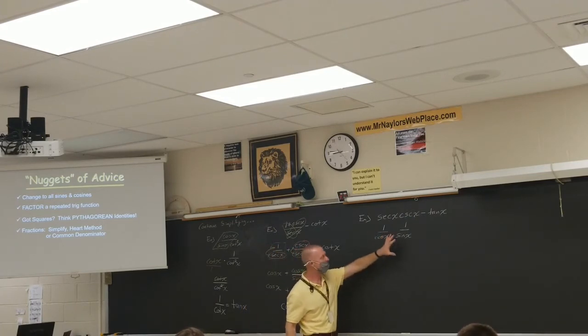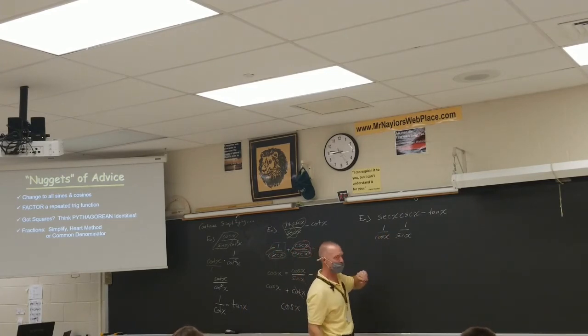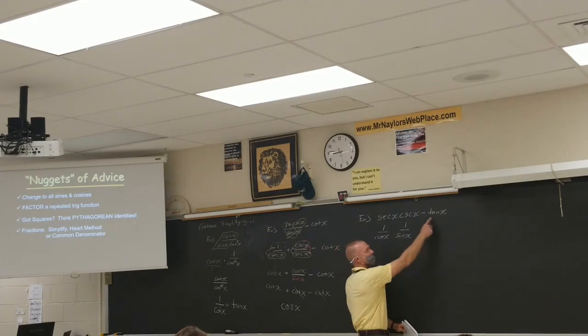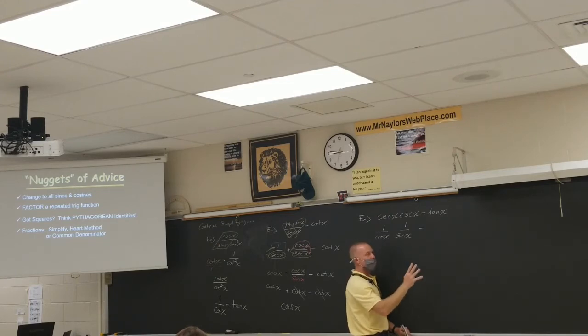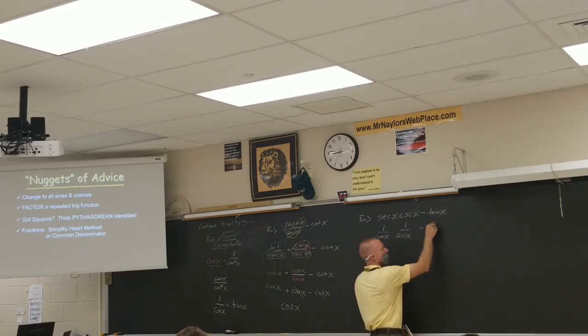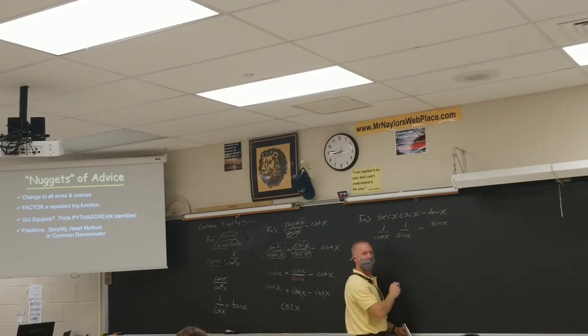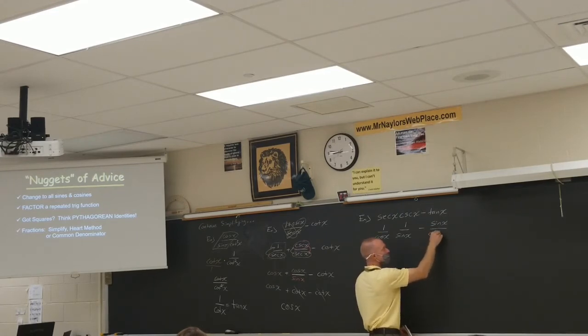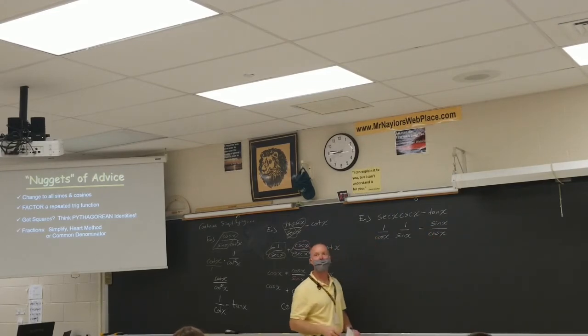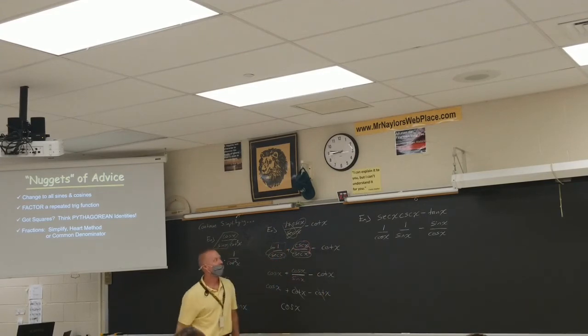So get those to memory if they're not memorized already. It's the same thing with tangent. It's also a fraction. The sooner you can comfortably say that tangent is equal to sine over cosine, the more comfortable you'll be with this chapter.